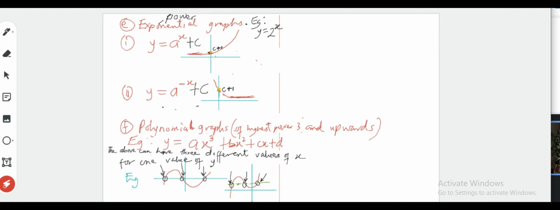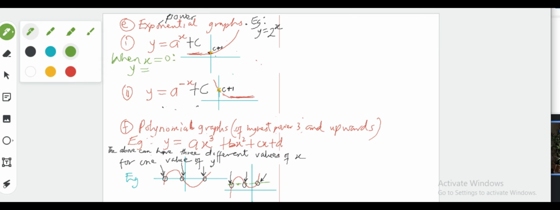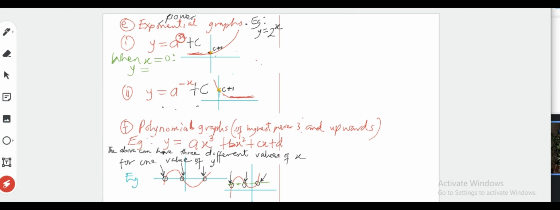Let me ask you a question. What will be the value of y when x is 0? When the power is 0, anything raised to power 0 is 1, yes.